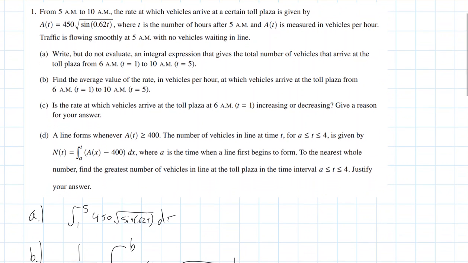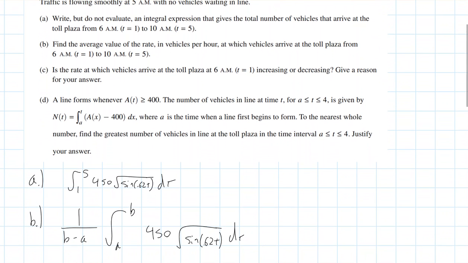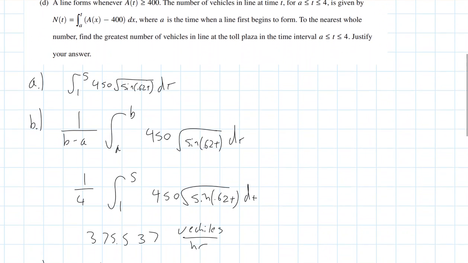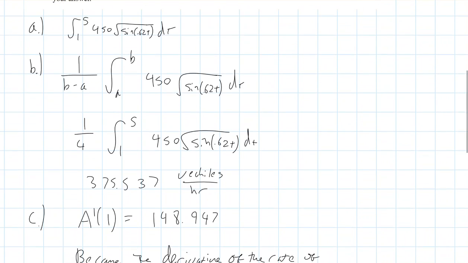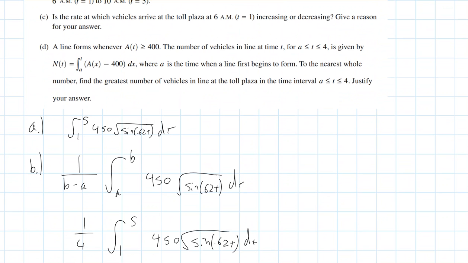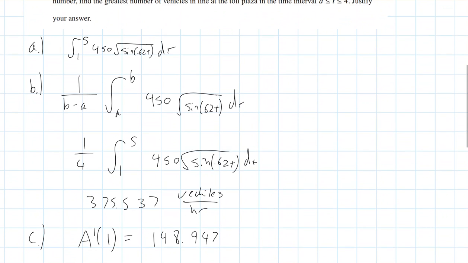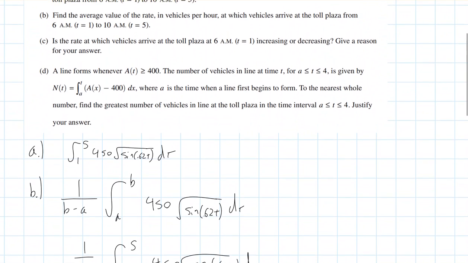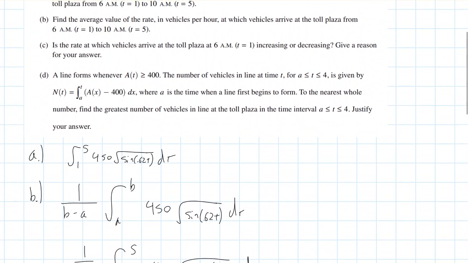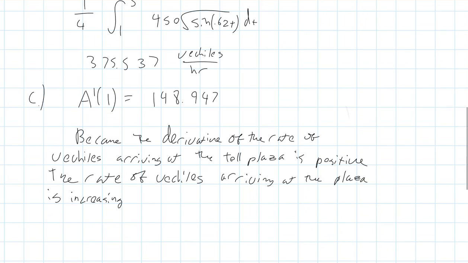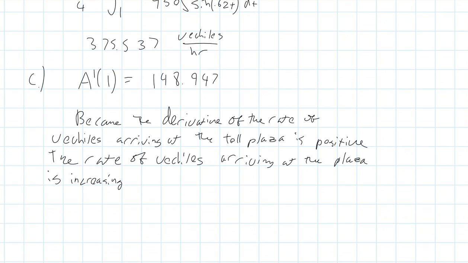Then I'm going to find the intersection points of the two graphs on the interval 0 to 4. Once I do that, I have my bounds of integration. I'll get back to you when I have the a value, which is the start of when the line begins to form, and the b value of when the line stops forming and starts shrinking.